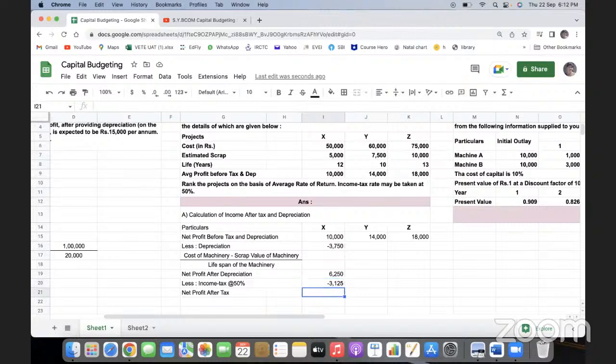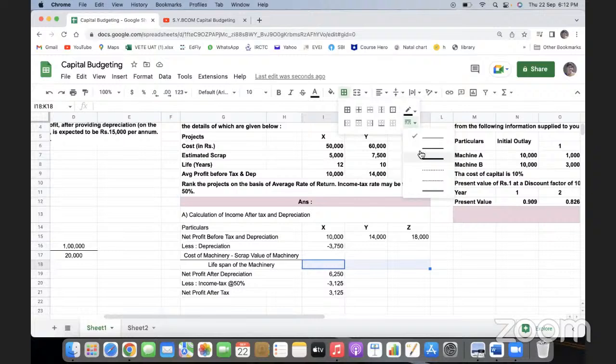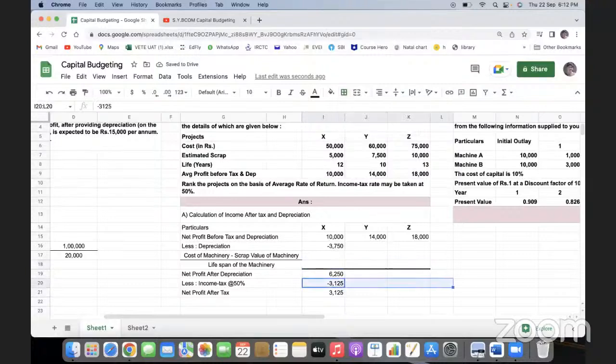Yeah, correct. It is 3125 again. Is the calculation clear with everyone? Okay, good. So if the calculation is clear, you can do the questions whichever way they have been asked. तुम लोग कर सकते हैं, ठीक है?